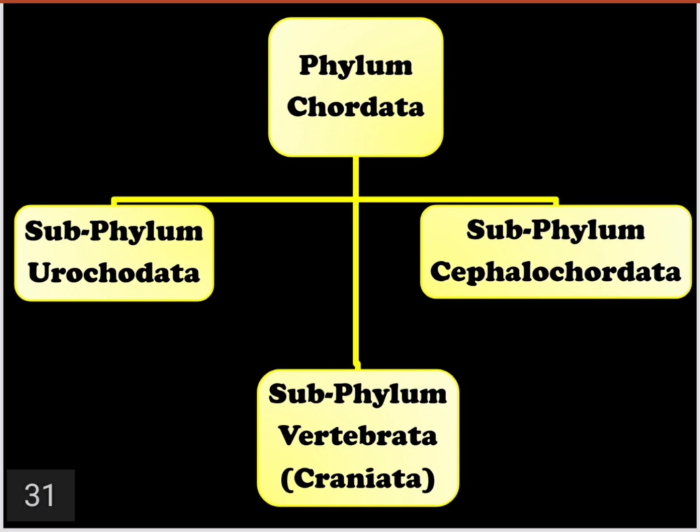They have gill slits which are present during at least one time of development in their life. There is a single tubular spinal cord present on the dorsal side, and the heart is present on the ventral side. These are the four properties of phylum Chordata. So now we will look at subphylum Urochordata and subphylum Cephalochordata.